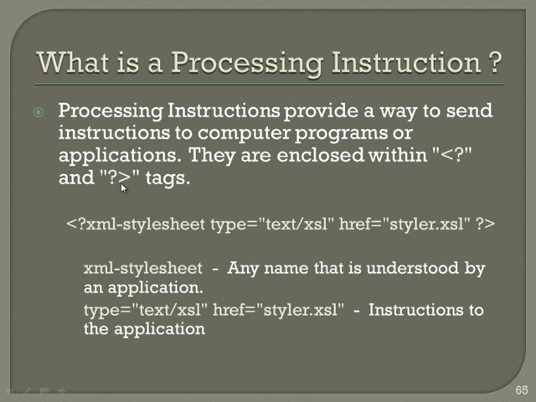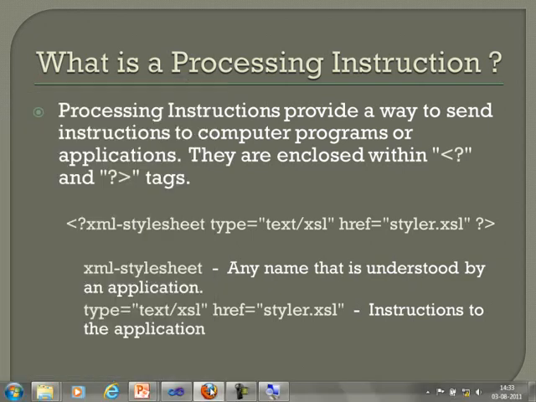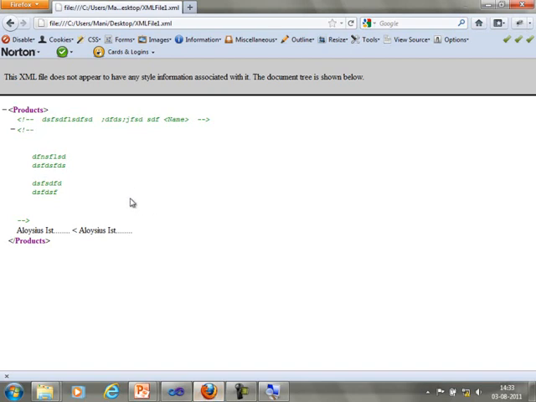Now, one of the main uses that you will be using in this course is to include a CSS file with the XML, so that the browser, instead of showing you this kind of thing, you are not happy with the way in which the browser is showing. You can tell the browser, okay, display it in a different way. I don't want to look at this one.